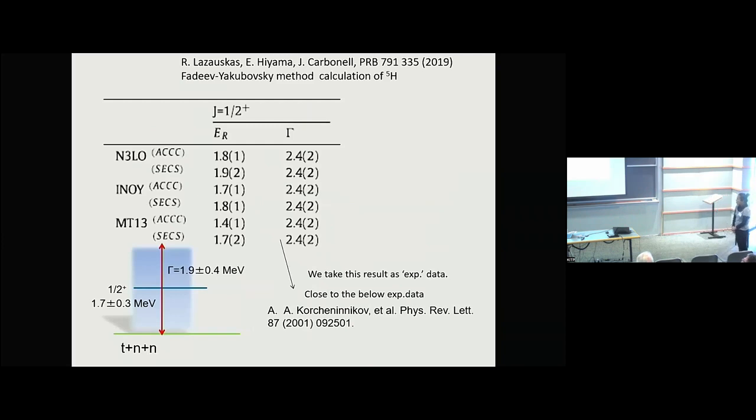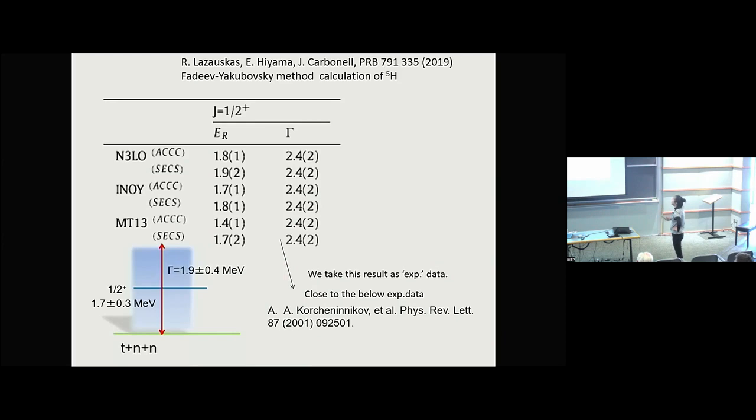So therefore we use the data like this. This is just a calculational result by Limas within the 5-body program using the Faddeev-Yakubovsky method, and these are the realistic interactions. He used 3 kinds of NN realistic interactions, and he did the calculation of the resonance state of hydrogen 5.